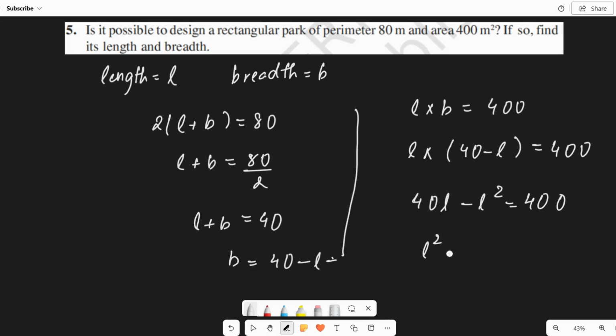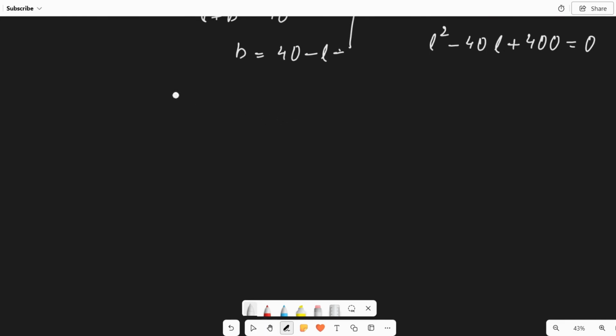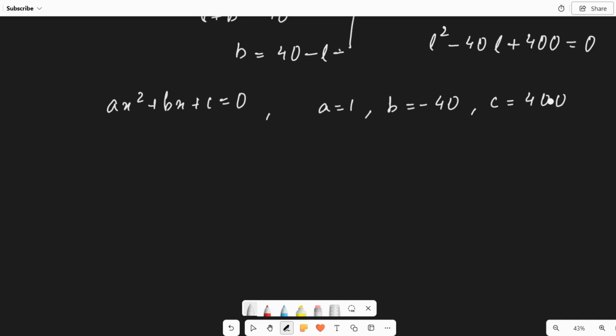And at last we get an equation, that is L square minus 40L plus 400 is equal to 0. Now comparing this equation with the general equation, that is ax square plus bx plus c is equal to 0, we get a as 1, b as minus 40, and c as 400. Now let us take out the discriminant, that is b square minus 4ac.